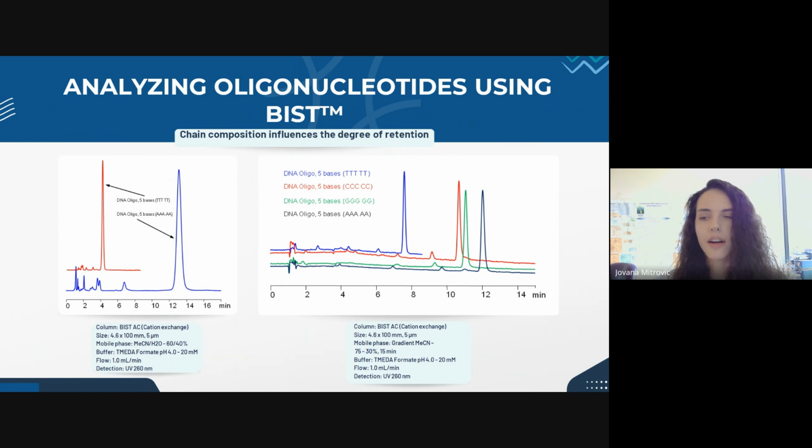Oligonucleotides are a unique and complex class of biomolecules. They are relatively large, highly polar, and carry multiple negative charges due to their phosphate backbone. These characteristics make them particularly difficult to retain, elute, and separate, depending on the mode, using traditional chromatographic techniques.